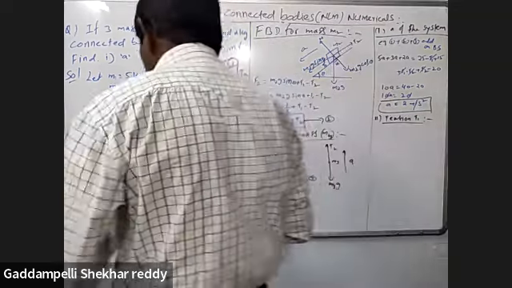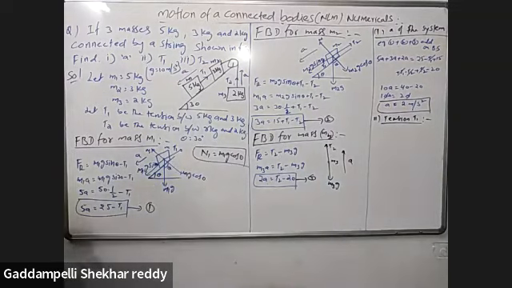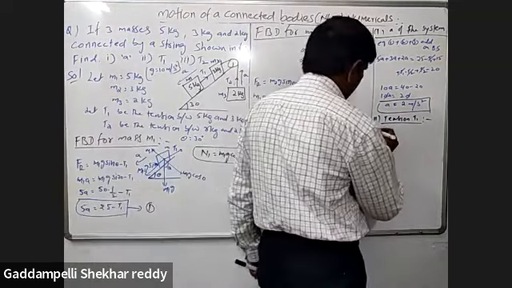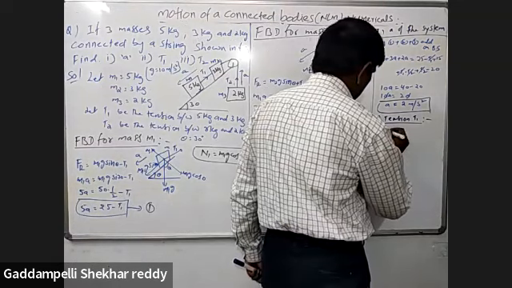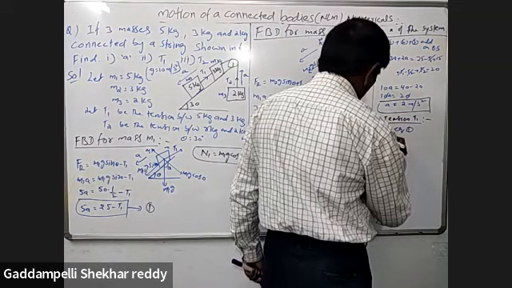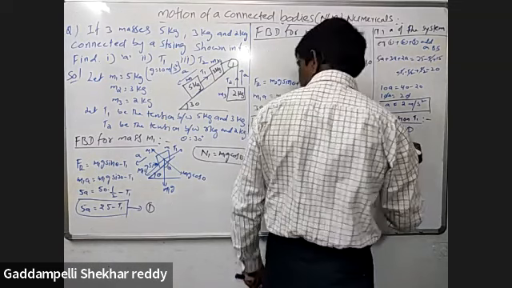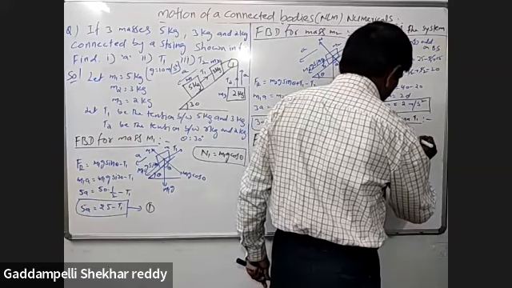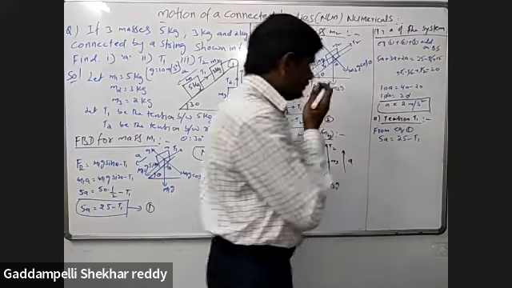Tension T1. In the first equation, T1 directly is there. From equation 1, 5A is equal to 25 minus T1.